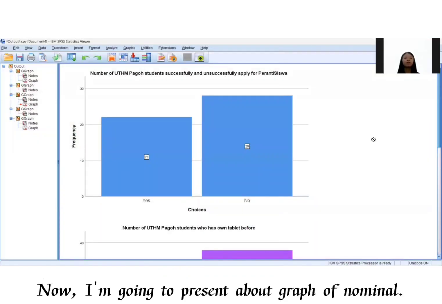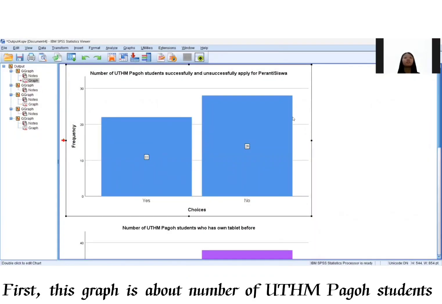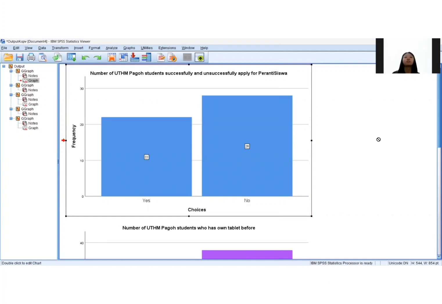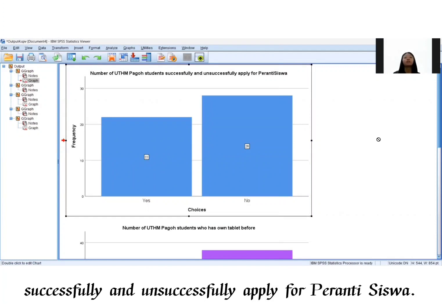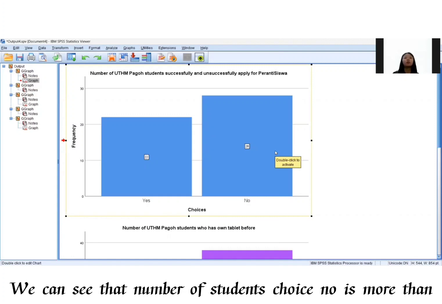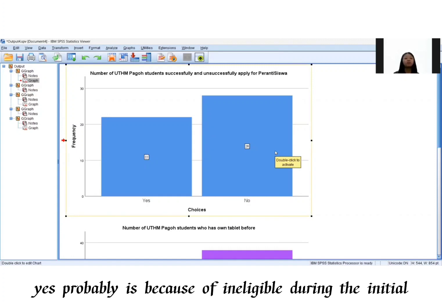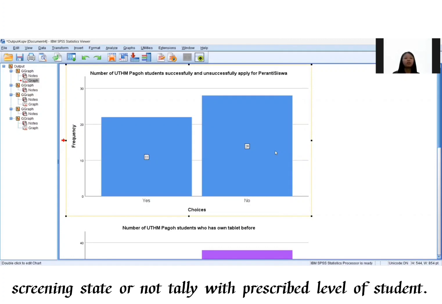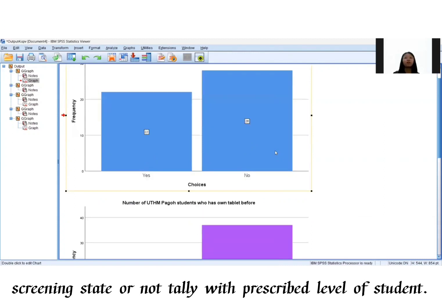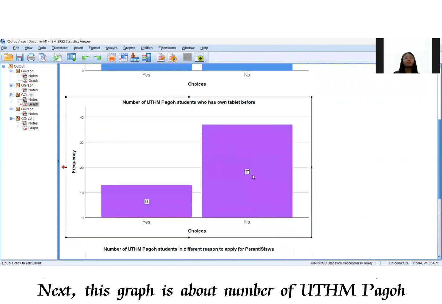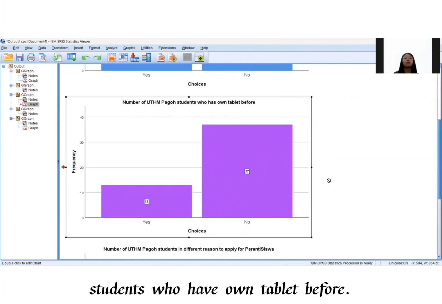Now, I'm going to present the graphs of nominal. First, this graph is about the number of UTHM Pagoh students who successfully and unsuccessfully applied for Peranti Siswa. We can see that the number of students who chose no is more than yes, probably because of the initial screening step, or they did not tally with the prescribed level of student. Next, this graph is about the number of UTHM Pagoh students who have had a tablet before.